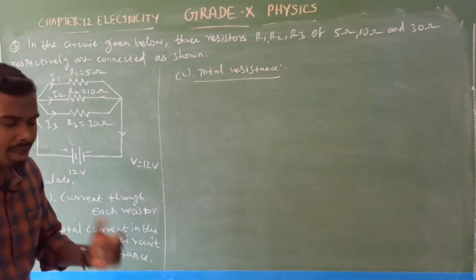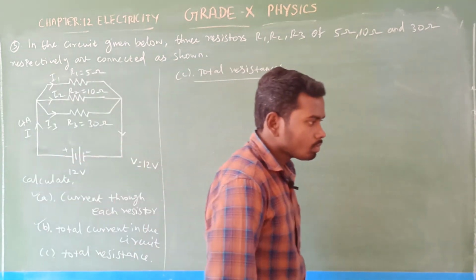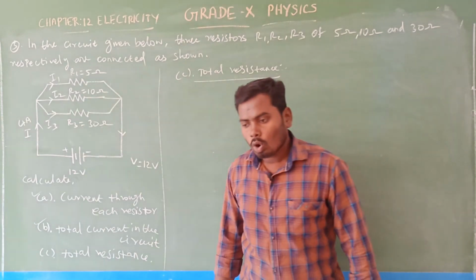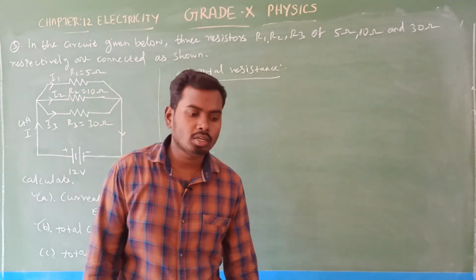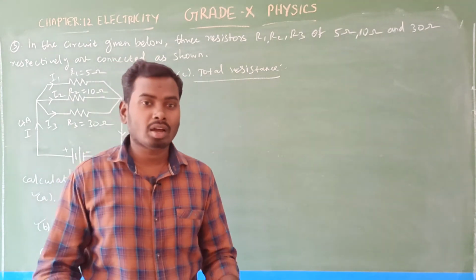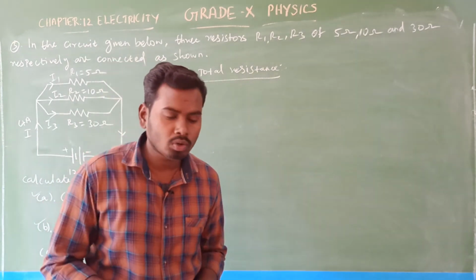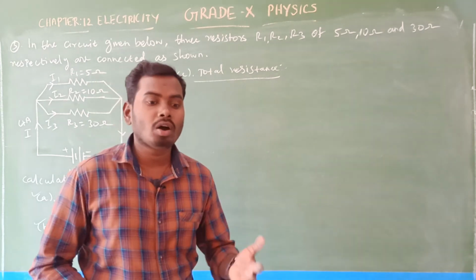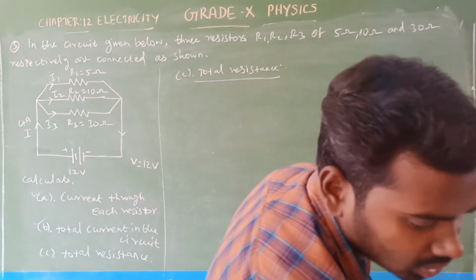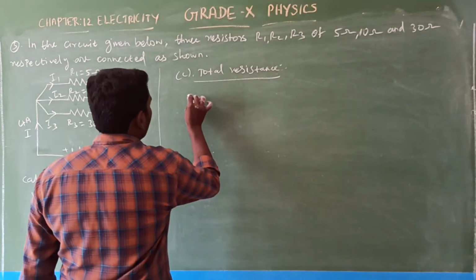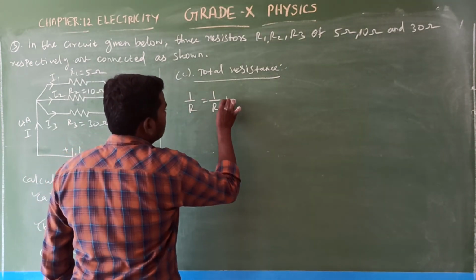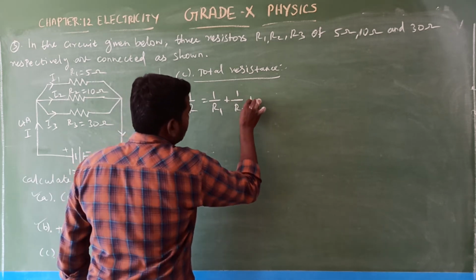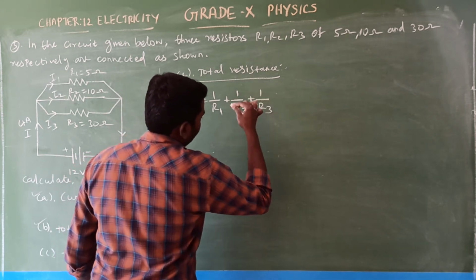Already we know that in parallel combination, the reciprocal of the total resistance of a number of resistors connected in parallel is equal to the sum of the reciprocals of the individual resistances, which means 1 by R is equal to 1 by R1 plus 1 by R2 plus 1 by R3.